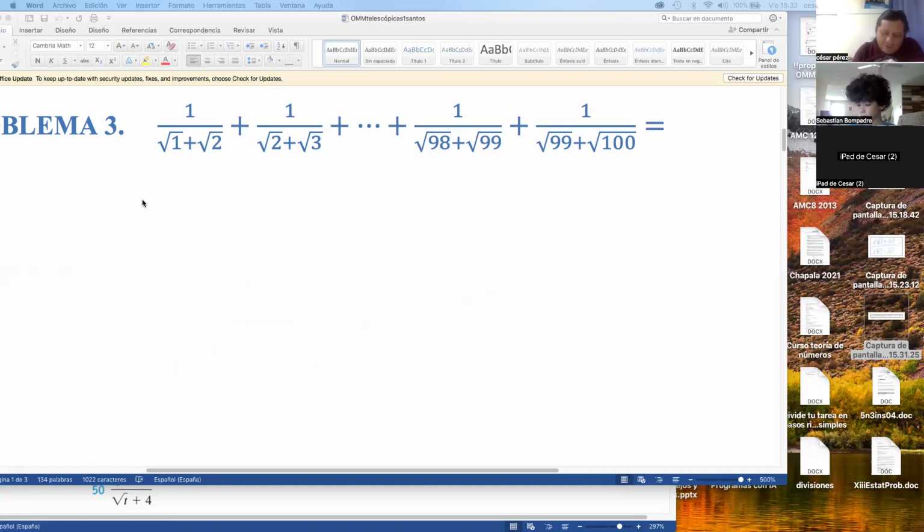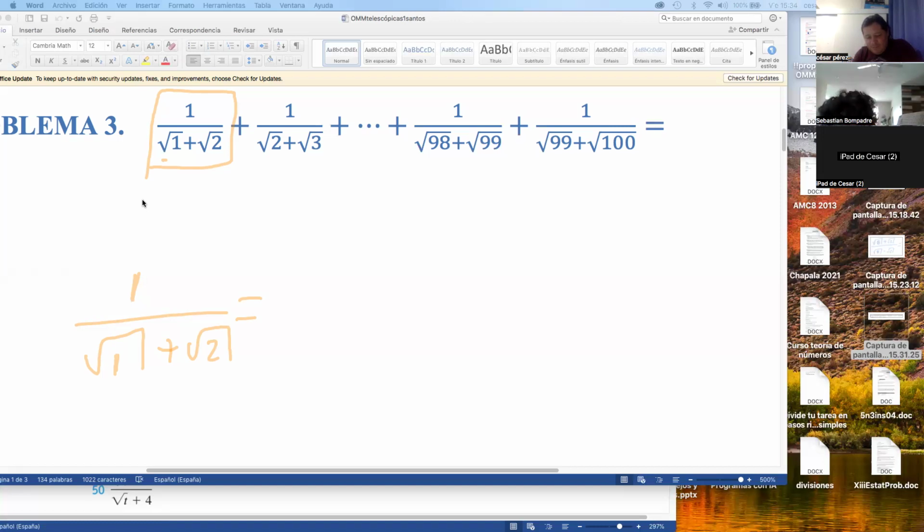Let's make this with numbers. What we will get here? The square root of 2 minus 1. The square root of 2 minus the square root of 1.